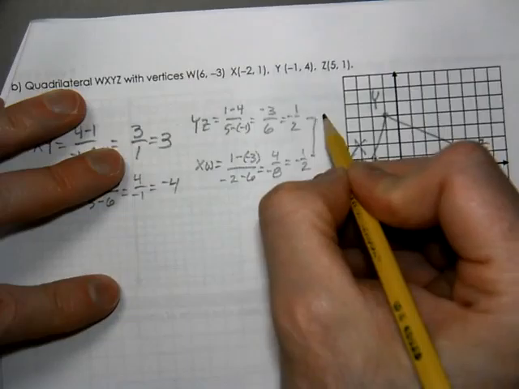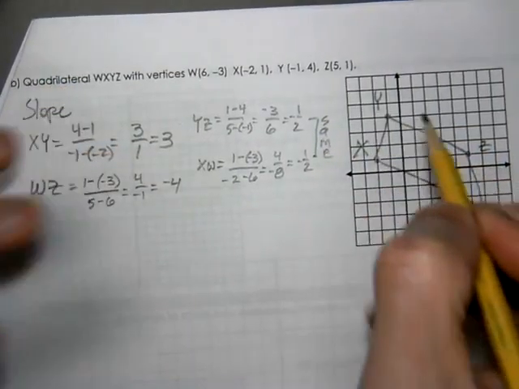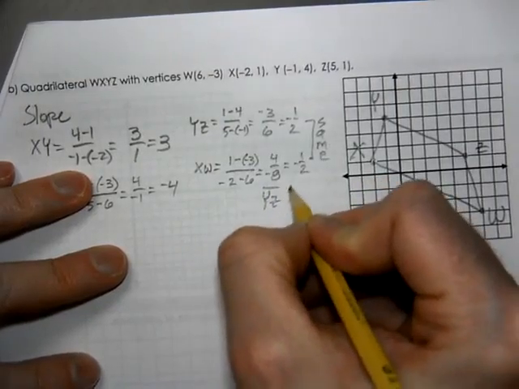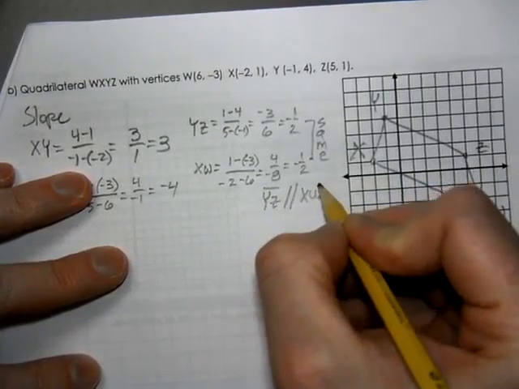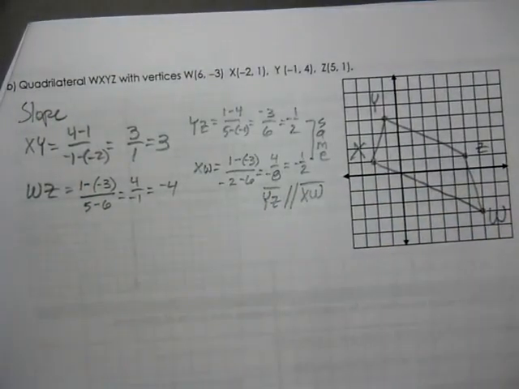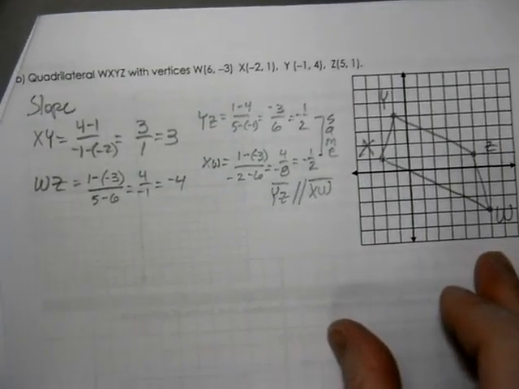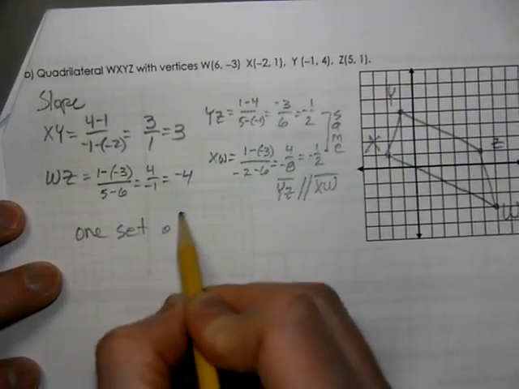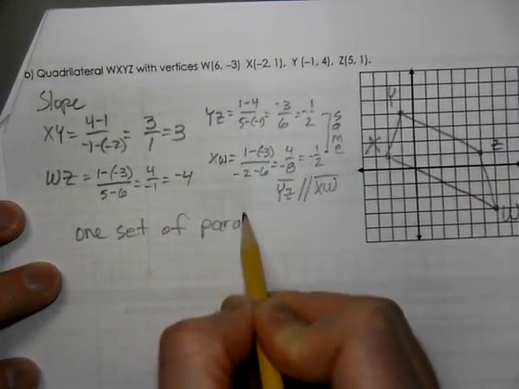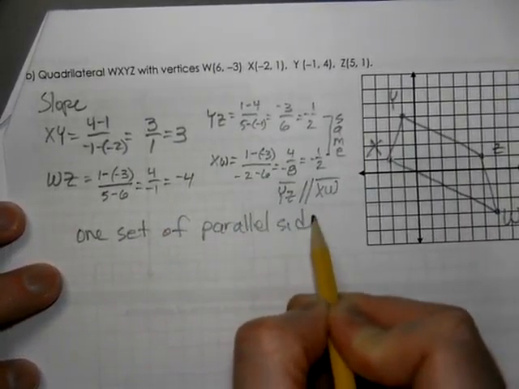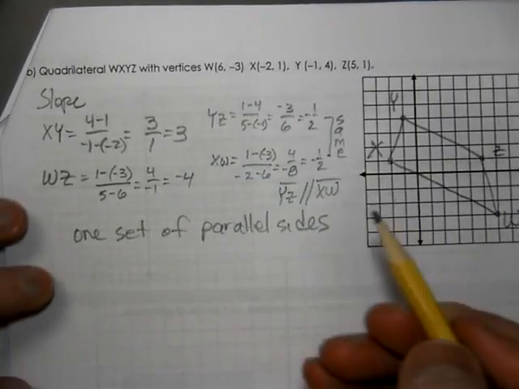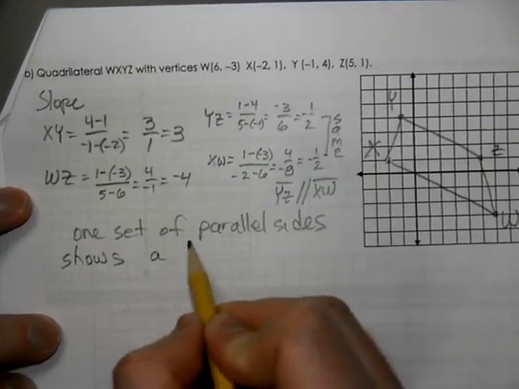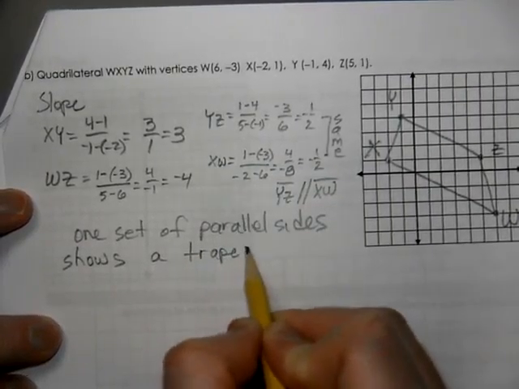These are the same. So we have one set of sides that are parallel. YZ is parallel to XW. So if you have one set of parallel sides, that shows a trapezoid.